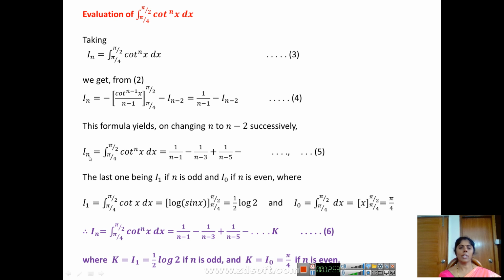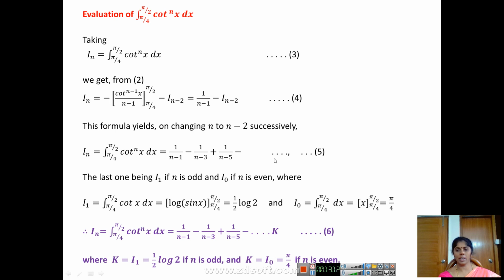We can get I_n equals the integral from pi by 4 to pi by 2 of cot to the power n of x dx equals 1 divided by n minus 1, minus 1 divided by n minus 3, plus 1 divided by n minus 5, up to some k.